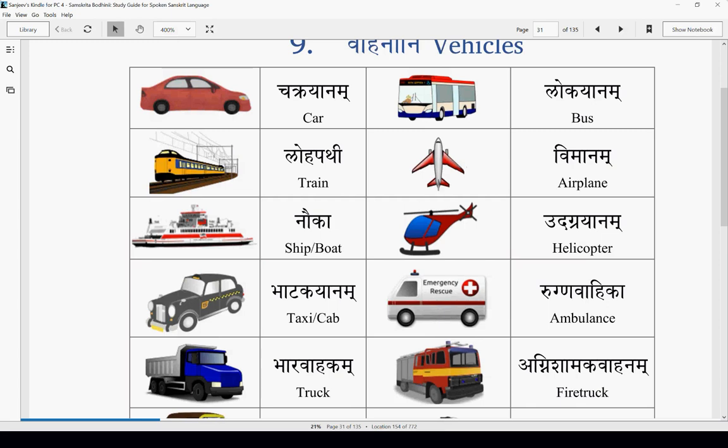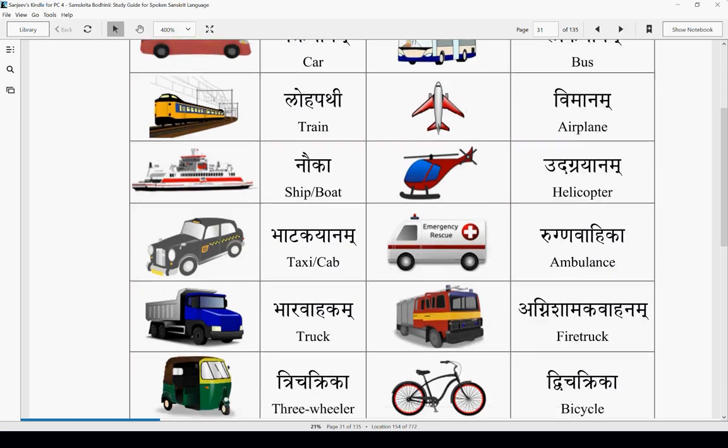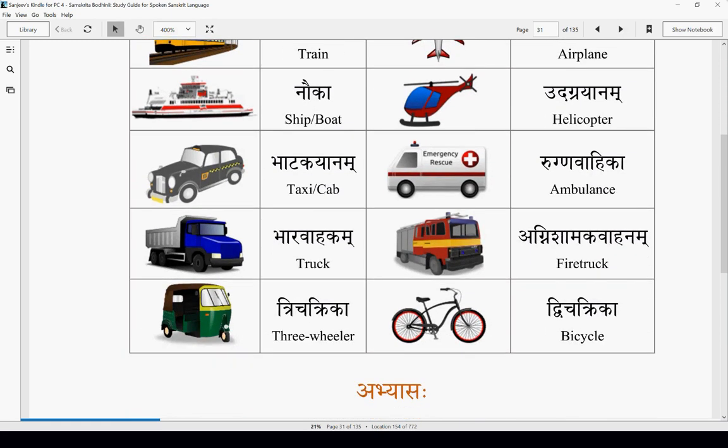Rugna Vahika. Bharavahakam. Agnishamaka. Trichakrika. Dvichakrika.